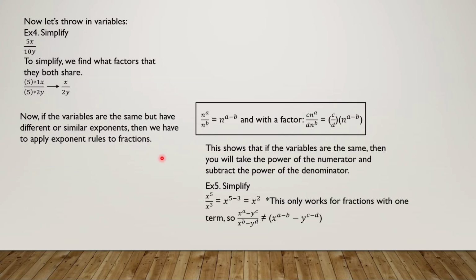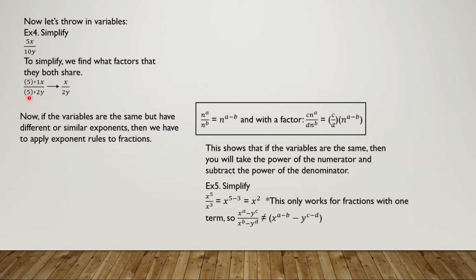But now let's throw in variables to make it just a little bit more complicated. Variables just add one more piece to the puzzle that we have to look at. So let's look at, for example, 5x over 10y. We see that both 5 and 10 share the factor of 5, and we can turn 5 into 5 times 1 and then multiply by x again, and we can turn 10 into 5 times 2 multiplied by y again.